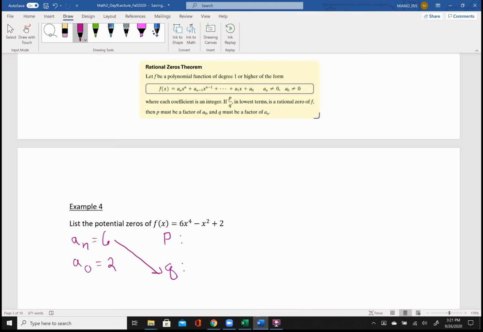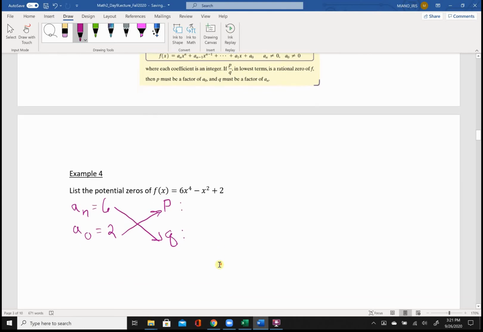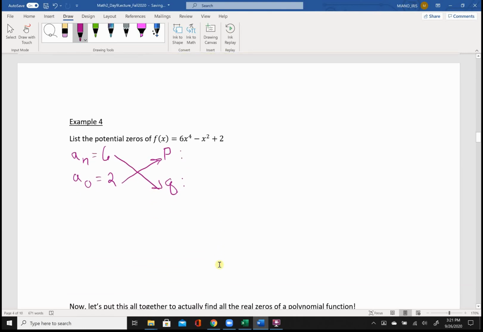And then I point to them, and they're kind of switched, the way that I think about them is switched a little bit. So I always do a little bit of an arrow pointing here just to keep straight which one I'm talking about. So let's go ahead and list all of the factors that are possible for P and Q. So P being all of the factors of 2.